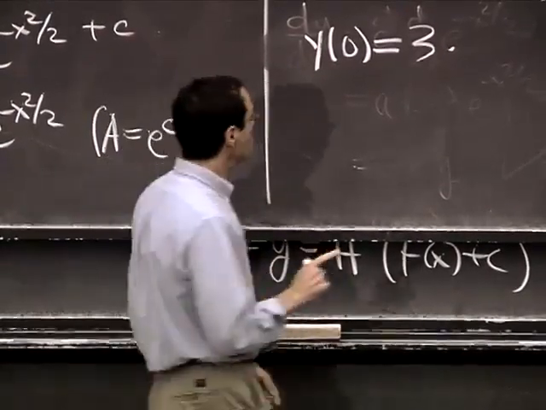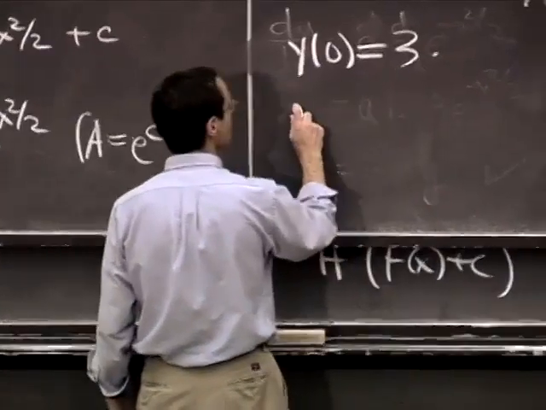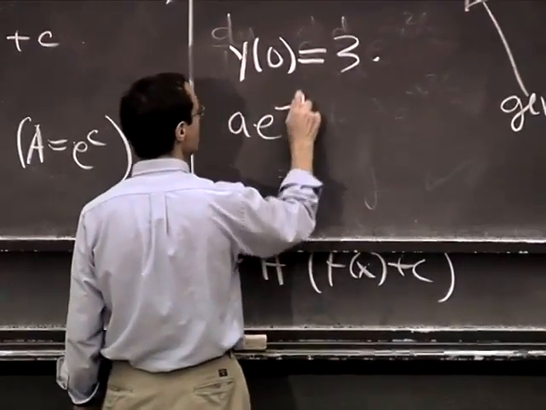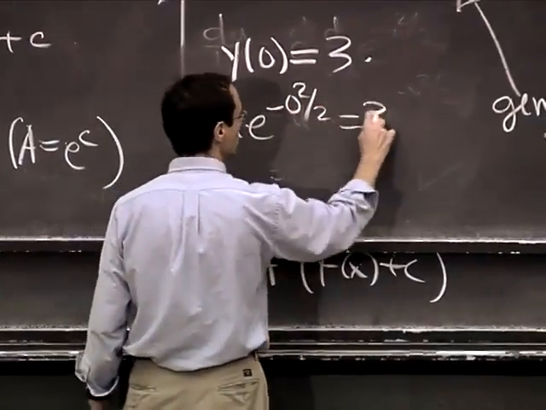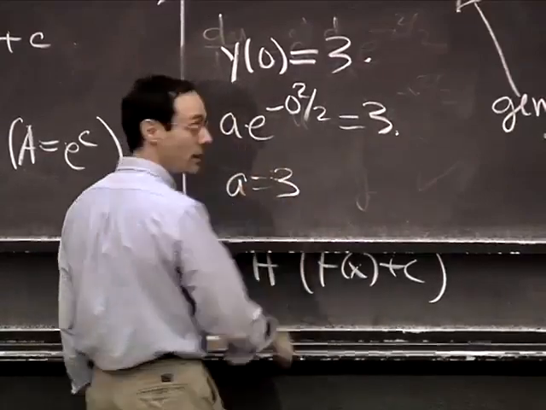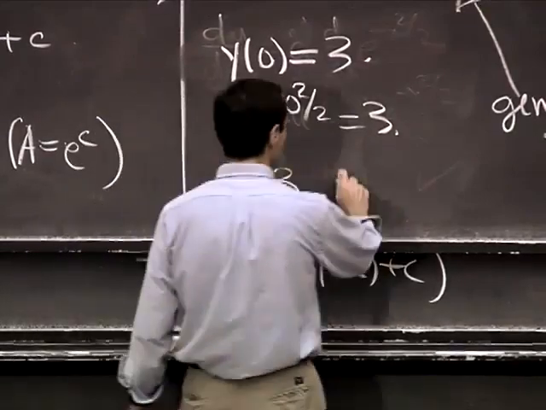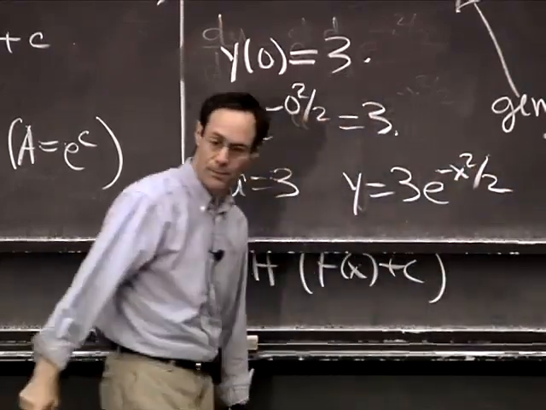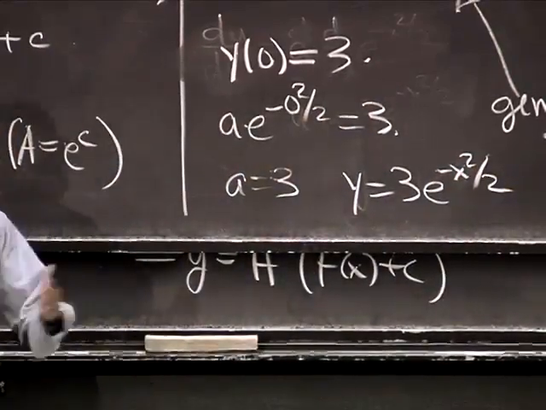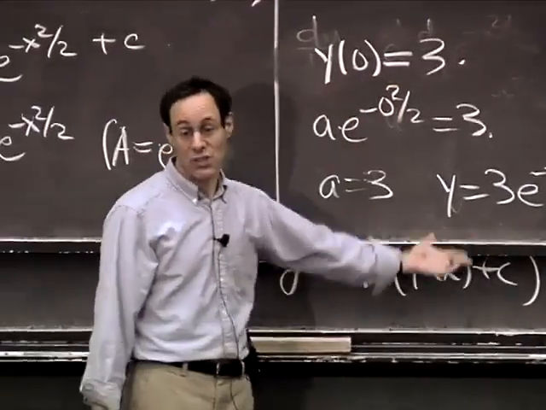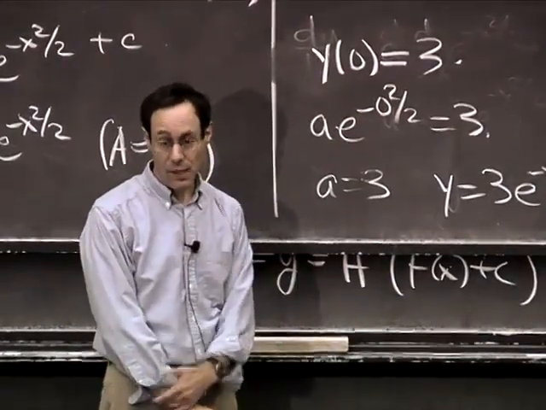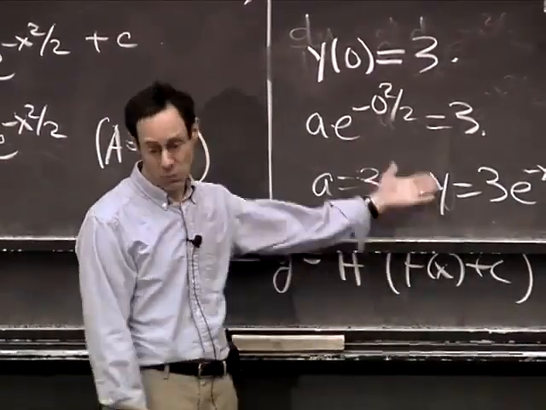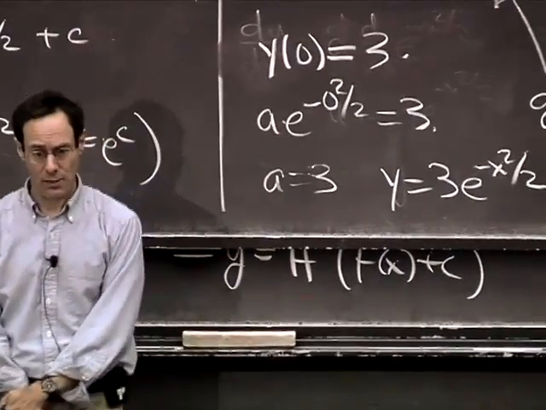If you plug in 3, you see that a times e to the minus 0 squared over 2 is equal to 3. So a is equal to 3. And the answer is y is equal to 3e to the minus x squared over 2. And similarly, if it starts out negative, it'll stay negative, for instance. If it starts out 0, it'll stay 0, this particular function here.